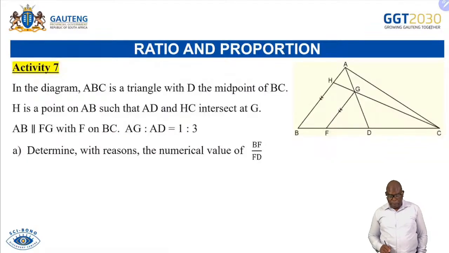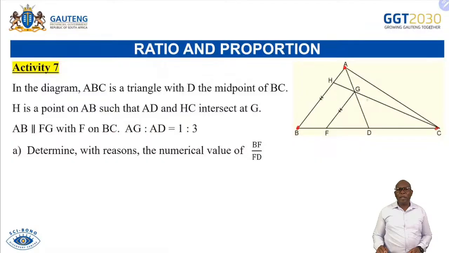The next activity is still on ratio and proportion. In the diagram, given triangle ABC, I like it when they have more than one set of parallel lines, but in this case you only have one set.